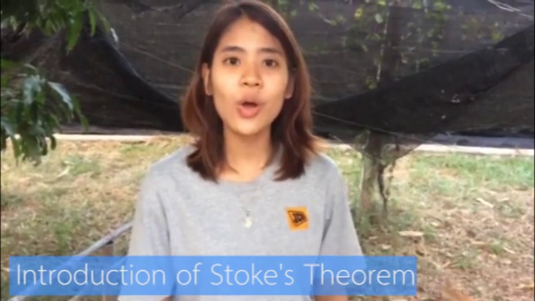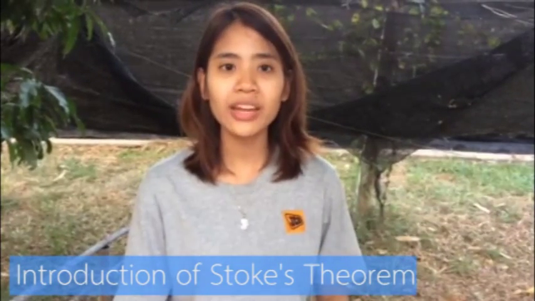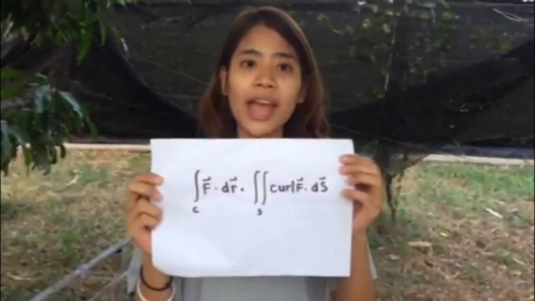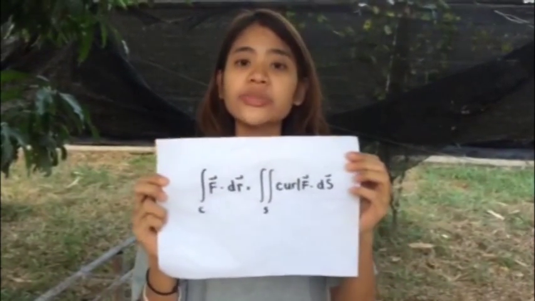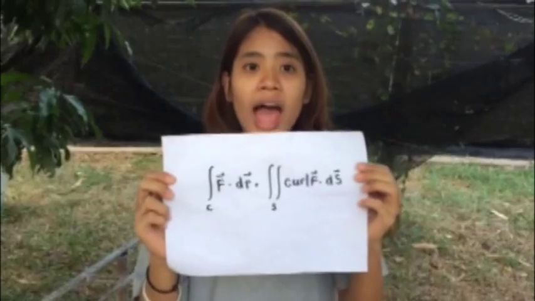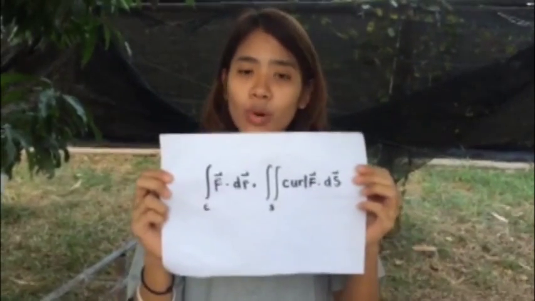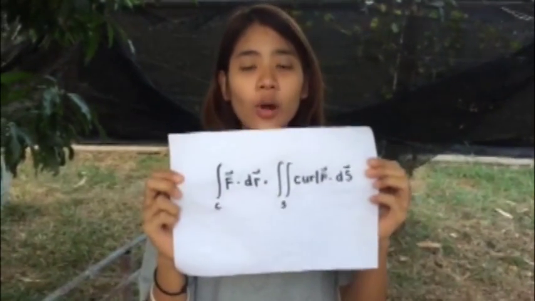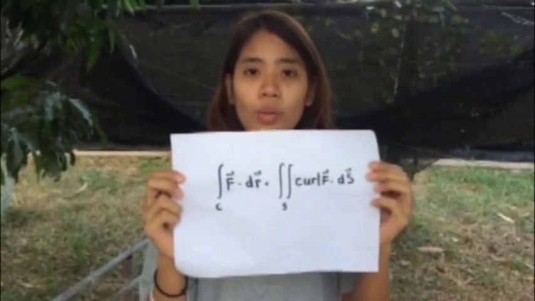In this section, we will take a look at a theorem that is the higher dimensional version of Green's theorem. This is Stokes' theorem. We are going to relate a line integral to a surface integral. Let S be an oriented smooth surface that is bounded by a simple, closed, and smooth boundary curve C with positive orientation, and also let F be a vector field.